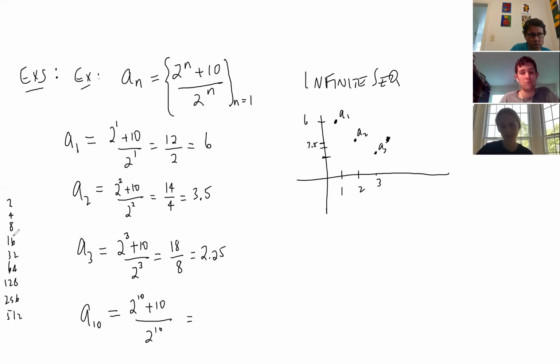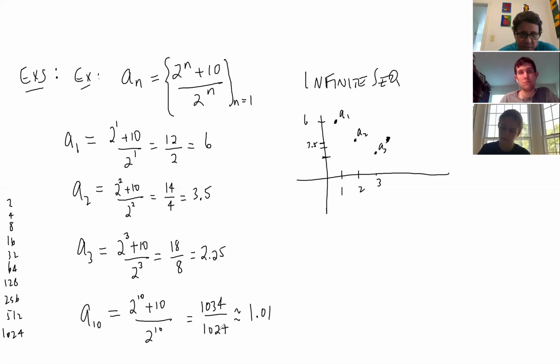So that's 1, 2, 3, 4, 5, 6, 7, 8, 9. So one more, 1024. So we get 1,034 over 1,024. So that number is approximately 1 point something, I don't know, 1.01-ish, something like that.